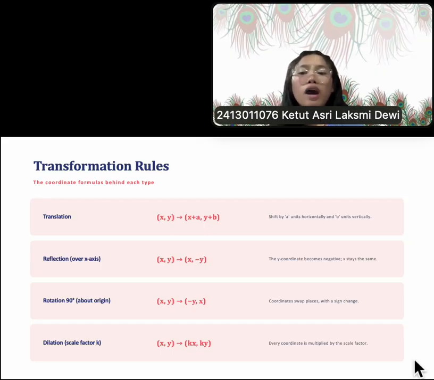The y coordinate changes its sign while the x coordinate stays the same. And for dilation with a scale factor k, the rule is (x, y) becomes (kx, ky). Every coordinate is multiplied by the same scale factor. These formulas are the mathematical recipe for each transformation.